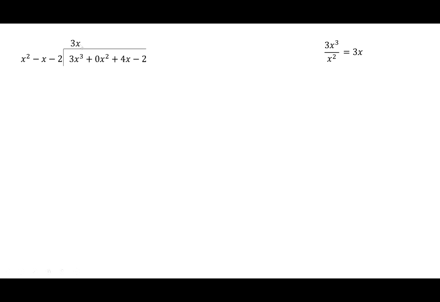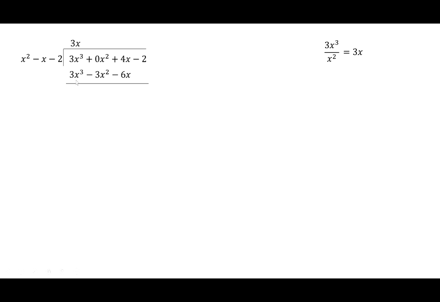Now, multiply that term that you just added by the divisor, and write the product underneath the dividend. So 3x cubed minus 3x squared minus 6x, like that. Cool? And subtract the bottom from the top.